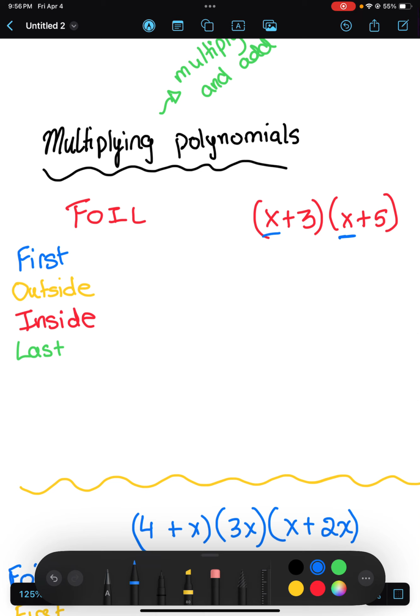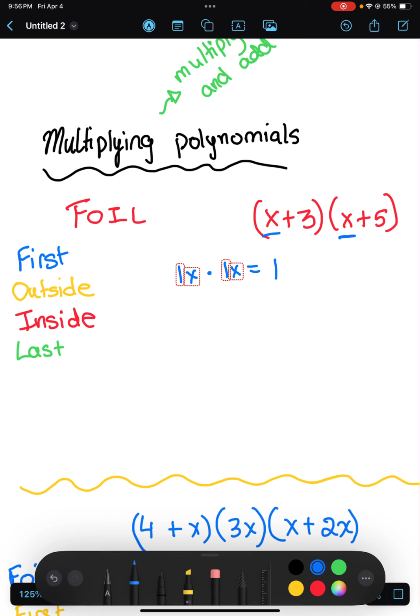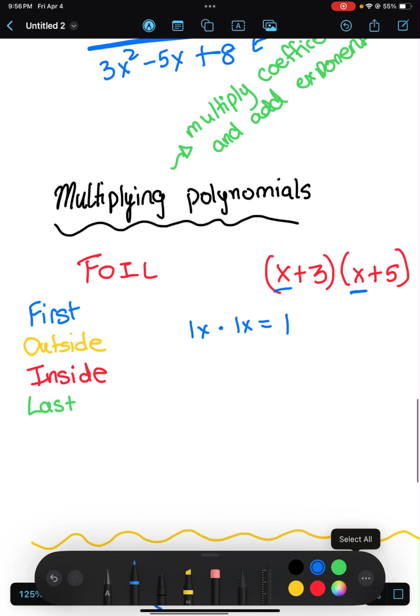In this case, it'll be x and x. So that's just 1x times by 1x, which gives me 1 times 1 is 1. And then you're multiplying coefficients, and remember you're adding your exponents. So I have an exponent of 1 here and 1 here. So that's x to the power of 2, okay?